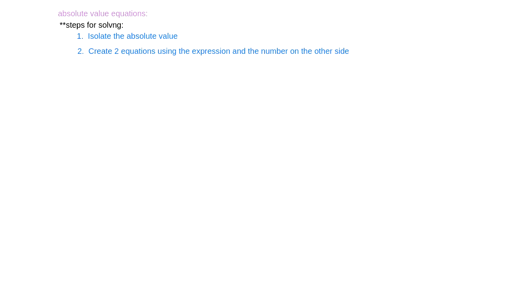So the first equation takes the expression and sets it equal to the number, whatever the number is. Second equation takes the same expression and sets it equal to the negative of the number.